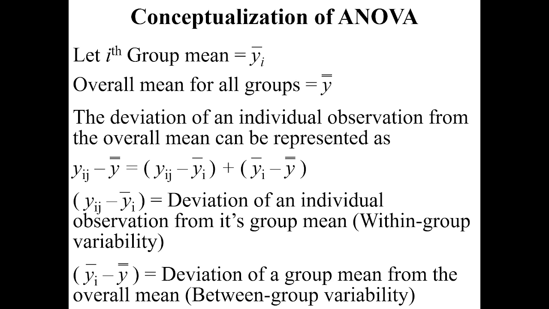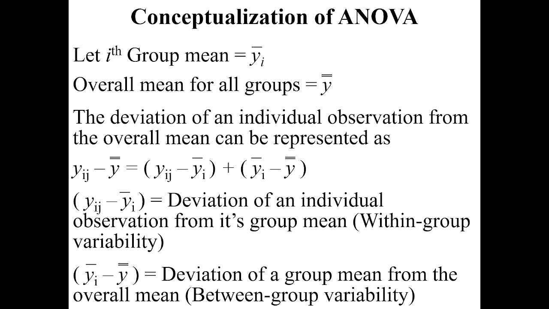Yij minus y double bar equals (Yij minus y bar i) plus (y bar i minus y double bar). The first term and the last term are the same, and in between, I am subtracting once and adding once. So the net result is the same; there is no difference from the left hand side.